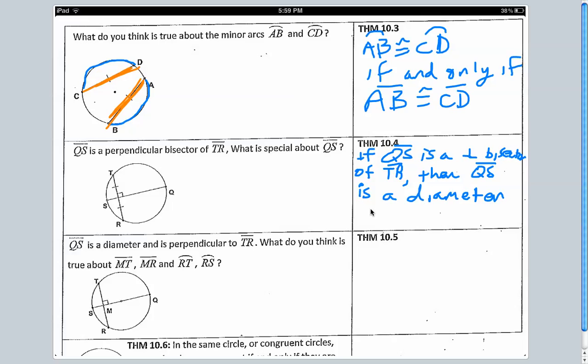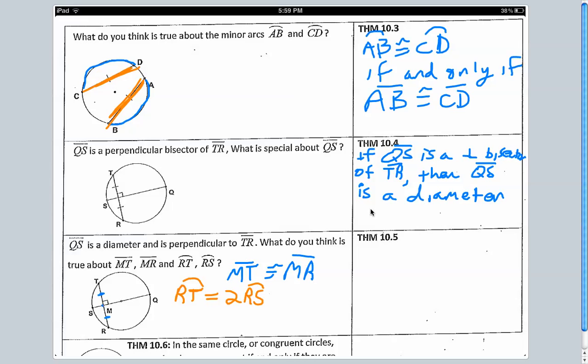We can say the following, that MT is congruent to MR. So those segments are congruent. We can also say that RT equals 2 times RS.